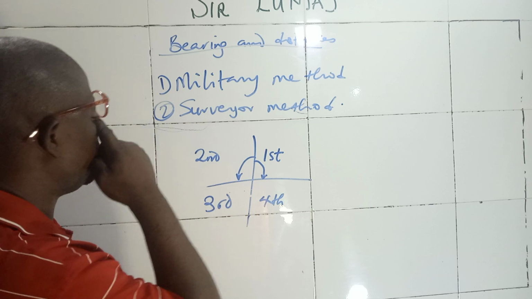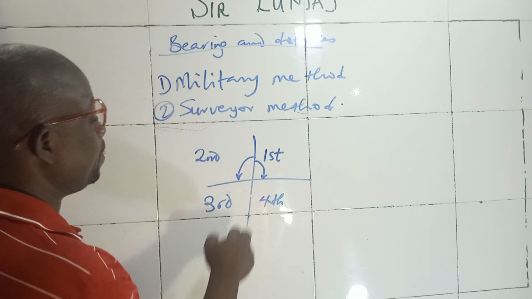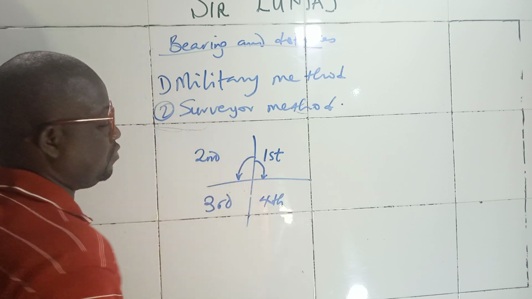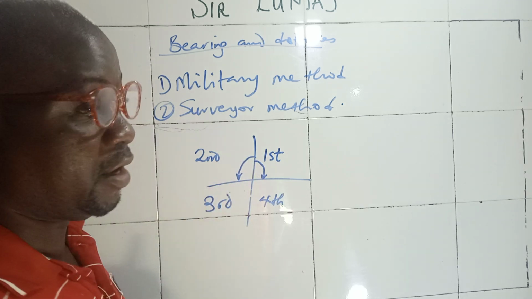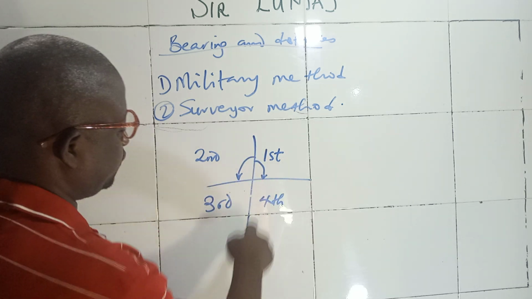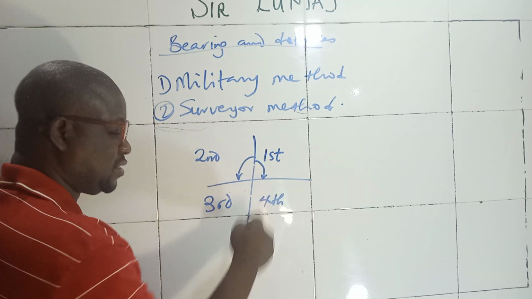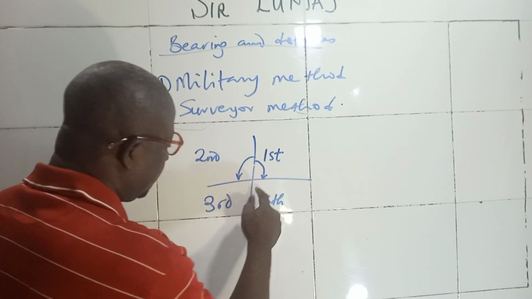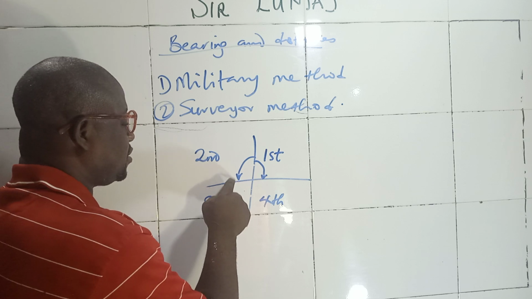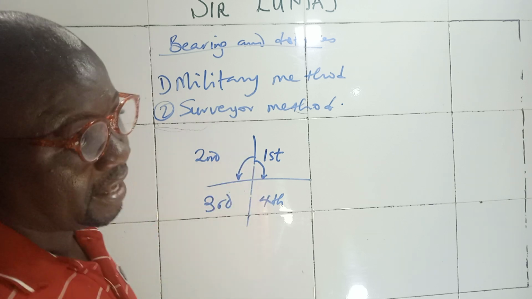I've written out the quadrants here. From here to here is 90 degrees because these lines are perpendicular to each other. From here down to this place is 90 degrees, and from here to this place, 90 degrees, and from here back to this place, 90 degrees.